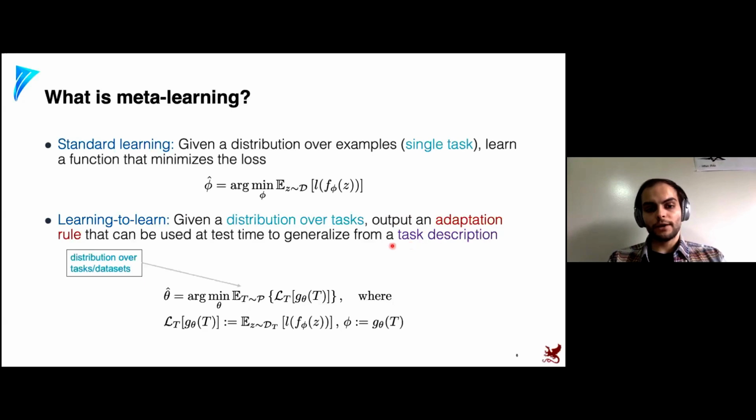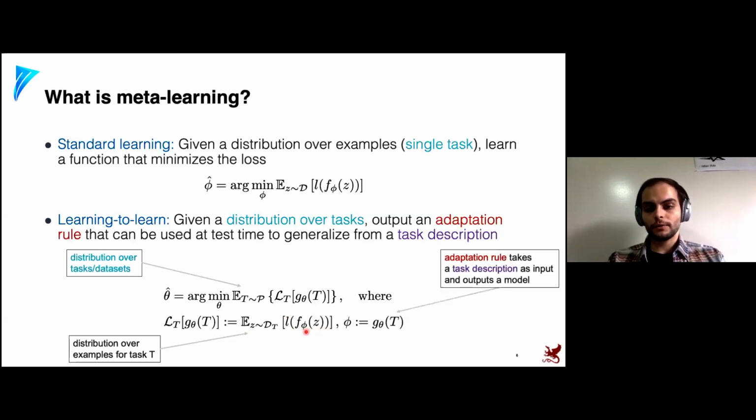In this case, we have this distribution over tasks or data sets, which is the outer distribution. We compute the expectation of some loss, and we'd like to find optimal parameters for this G function. Now, this loss itself is an expectation, but with respect to the distribution over samples within the task. This expectation is taken of the loss of some function with parameters phi.